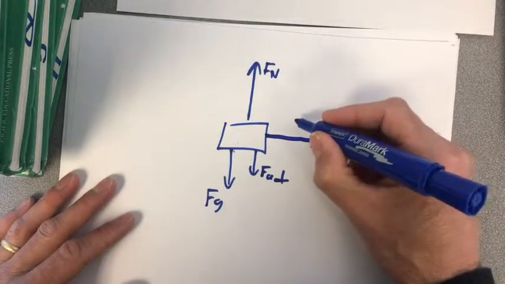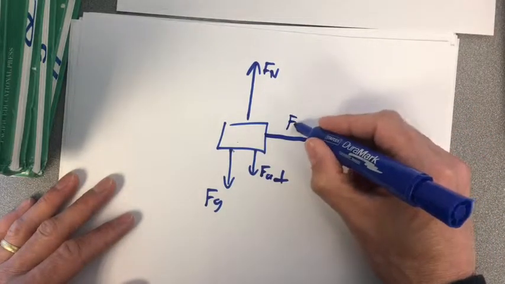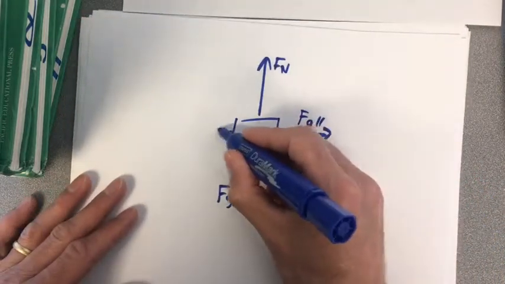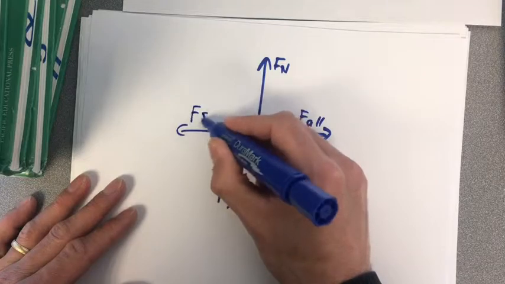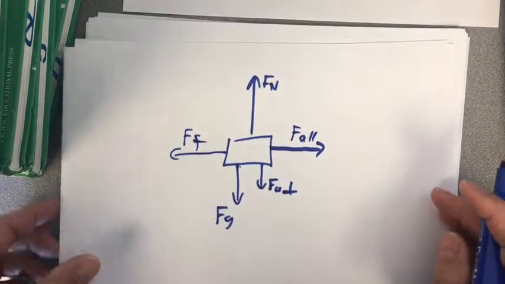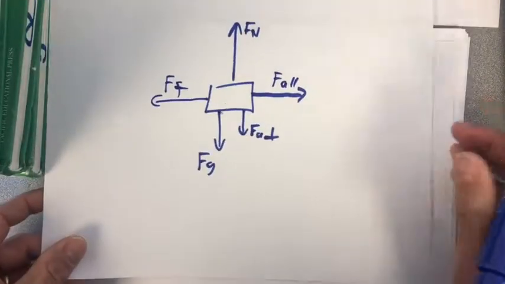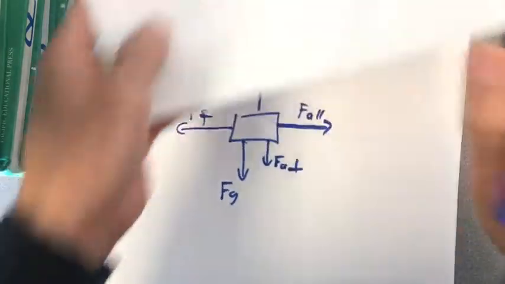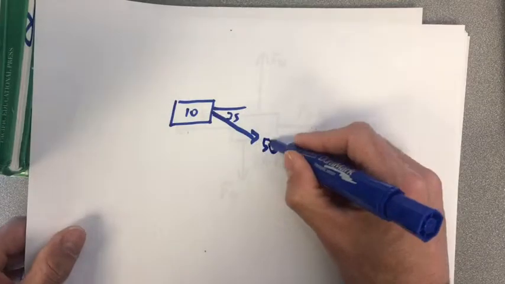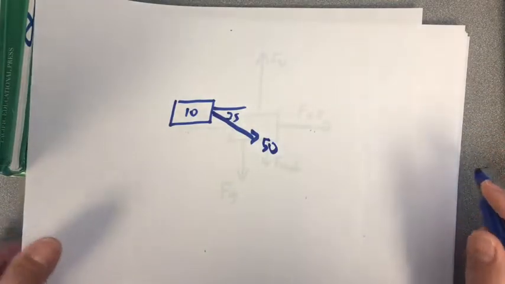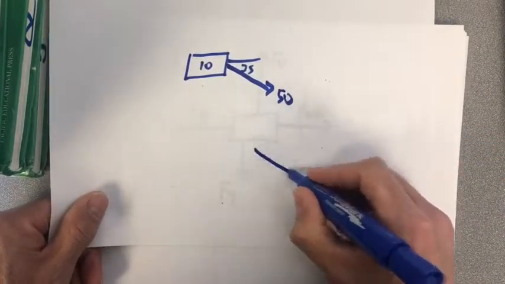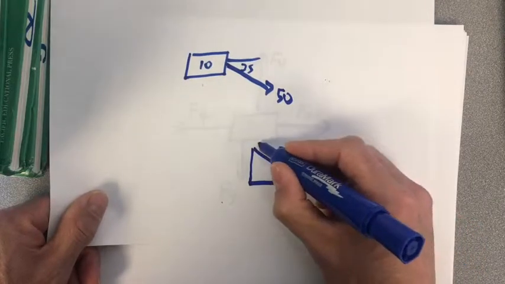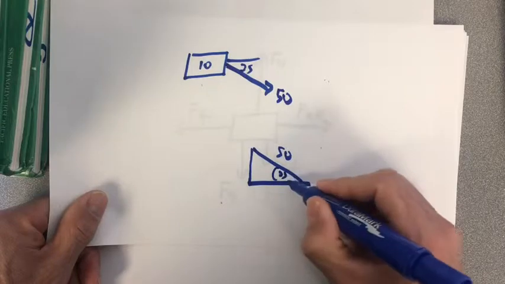Over here we have an applied force parallel to the surface, and pushing back we've got friction. And this is the same magnitude, so our force is still 50 newtons. So if we have 50 newtons here at an angle of 25, there is an angle of 25 here.